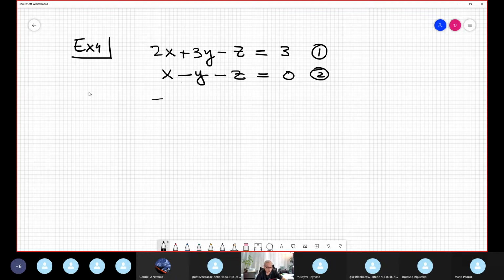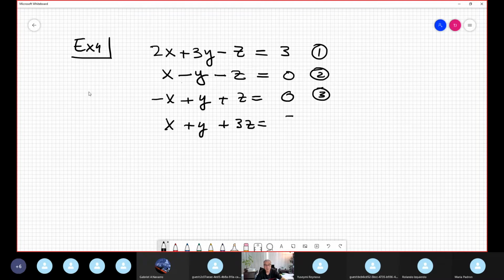The third equation is minus x plus y plus c equals 0 again. Weird. And x plus y plus 3c equals 5. Equation 4. Wow, we have 4 equations.